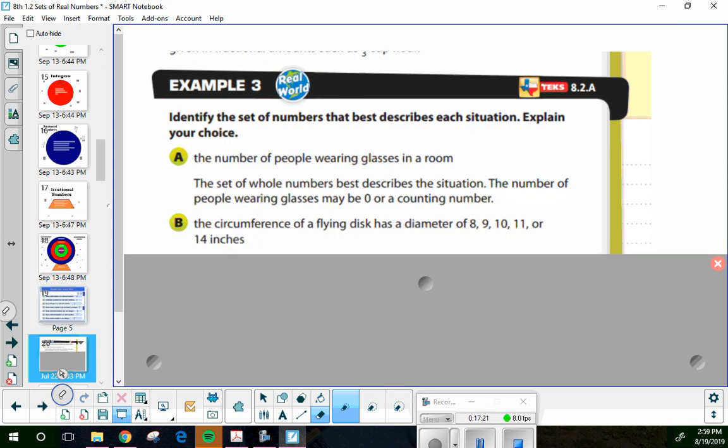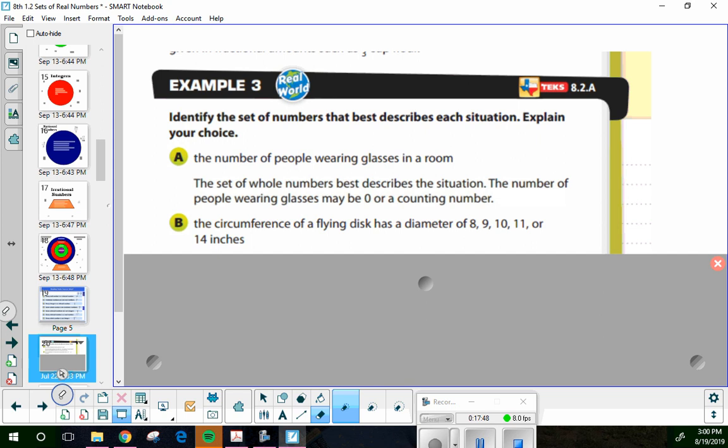What about this? The circumference of a flying disc has a diameter of 8, 9, 10, 11, or 14 inches. When you're trying to find the circumference of a circle, where would that go? If it's irrational, that means it never stops.